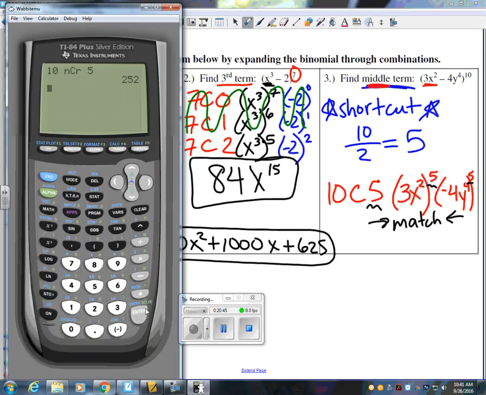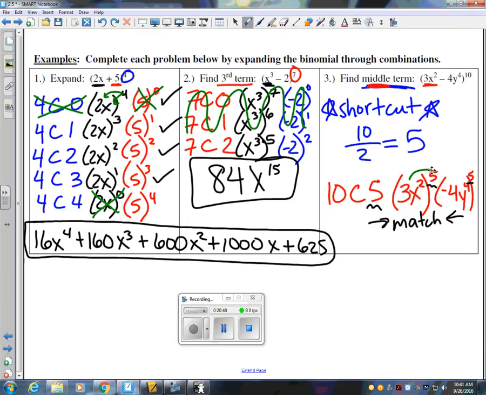Now, where does this 5 go with? It goes with the 3 and it goes with the 2. Here's the thing that most of y'all know, but I want to make sure you know. Does this 2 go with the 3 or the X? Just with the X. This 2 just goes with the X. So we're not typing that in our calculator.